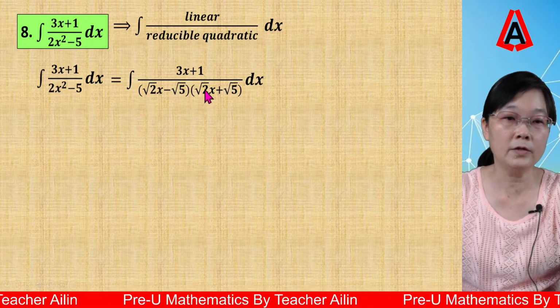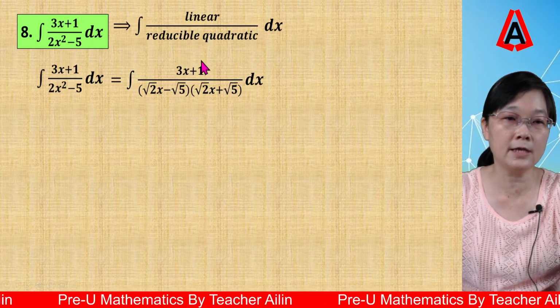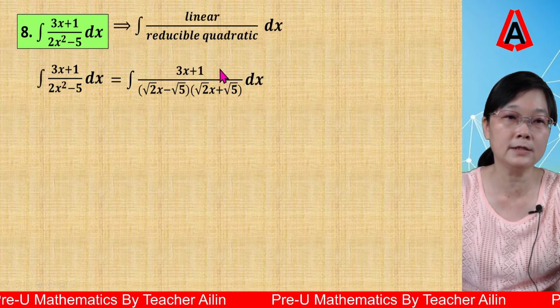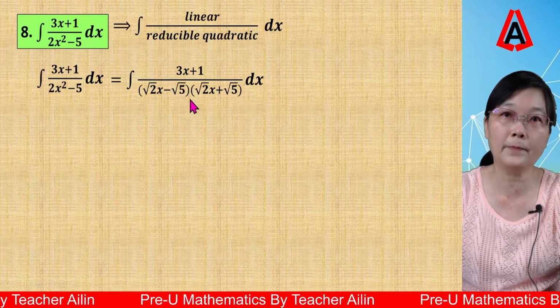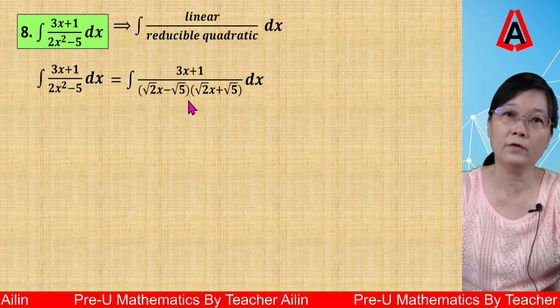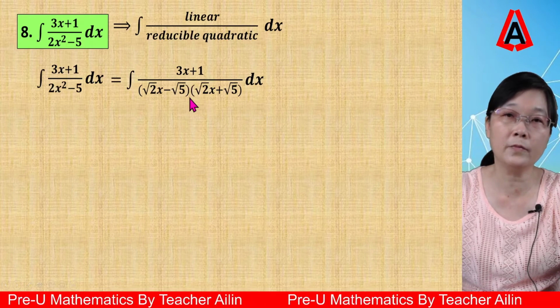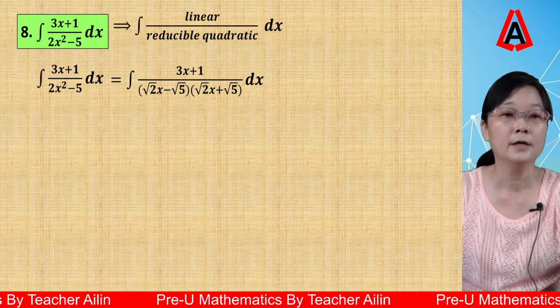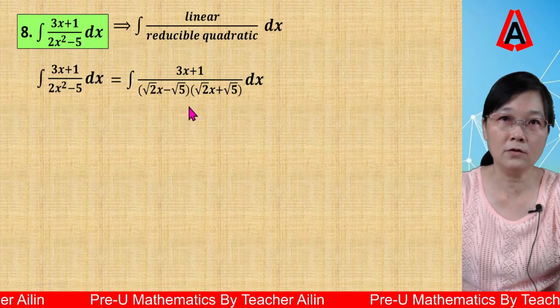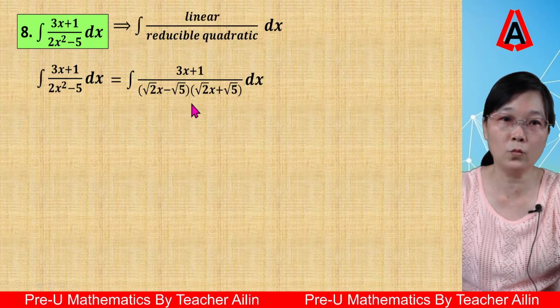If these numbers are not integer and the numerator is linear, so when we continue to do the partial fraction, then we will find that it is very complicated to find the constant a and b. So now I decided not to use method 1.